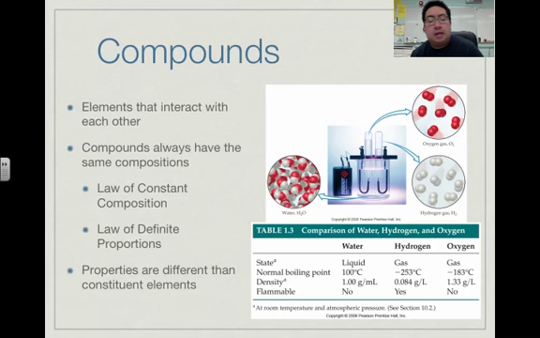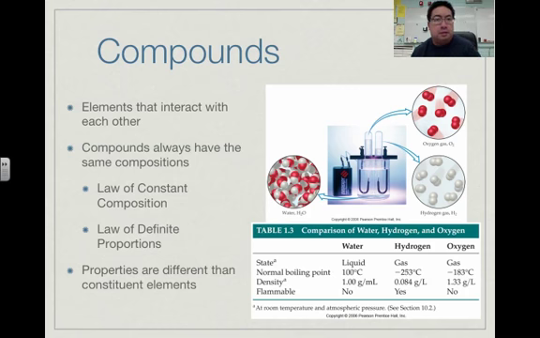This is known as the law of constant composition. And then definite proportions in terms of their percent composition will also be the same, and the proportion in which the atoms combine together will always be constant as well.